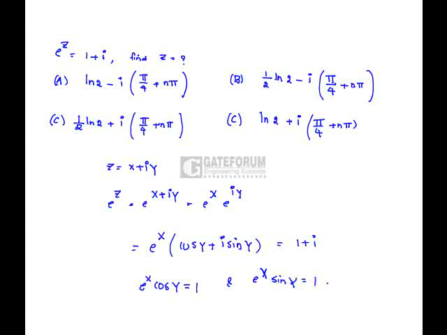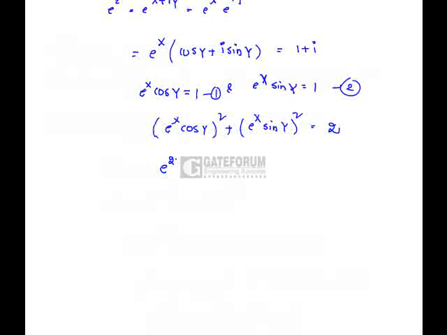So we have to decide the values for x and y. In order to decide the value for x, we have to remove the variable y. So we square these two equations and add them together, that is (e^x cos y) whole square plus (e^x sin y) whole square is equal to 2. So e power 2x is equal to 2. So x is 1 by 2 natural logarithm of 2.